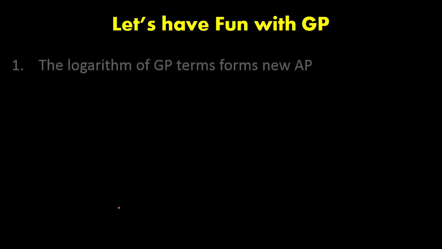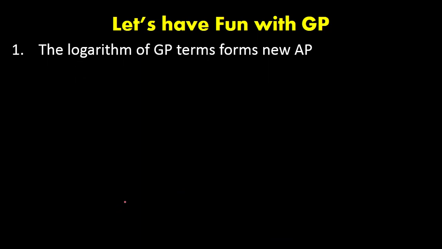Okay. The logarithm of GP terms forms a new GP. This is again important. One question has appeared based on this concept. So logarithm of GPs. Let me take a simple GP. Suppose these are the 4 terms in a GP.